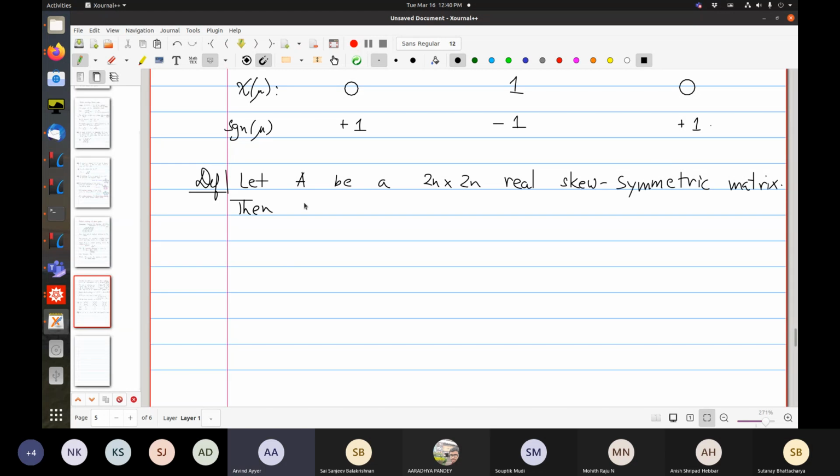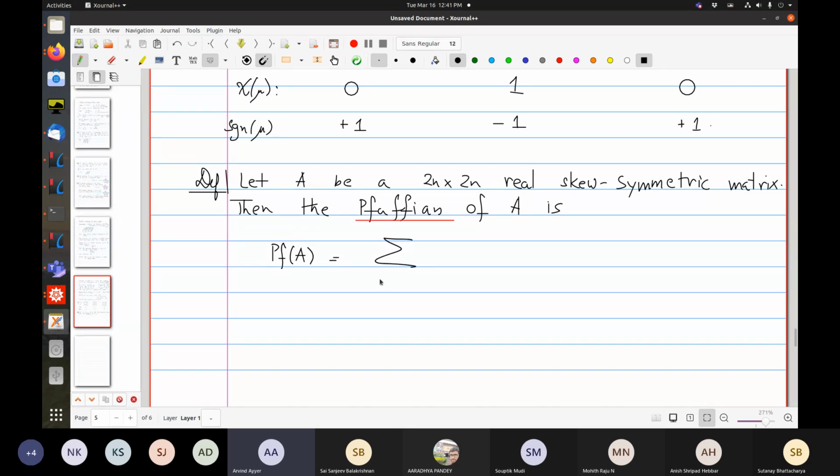And the Pfaffian of A is denoted PF of A.